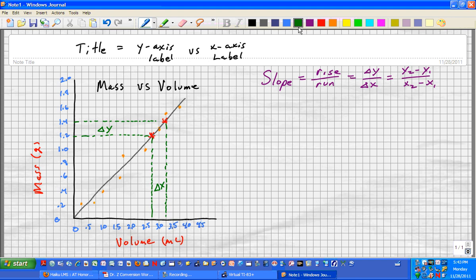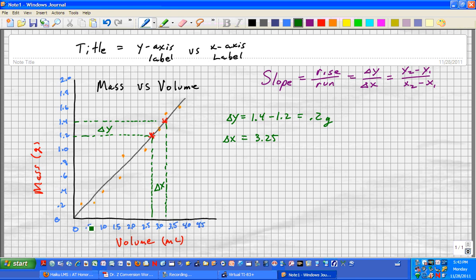So let's take a look at the change in y first. Change in y is going to be y2, which is 1.4, minus y1, which is 1.2, which is going to be equal to 0.2 grams. And then my change in x is going to be, is that 3.25?